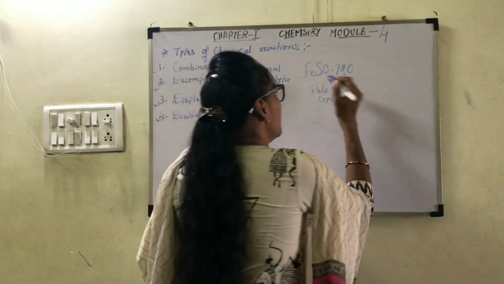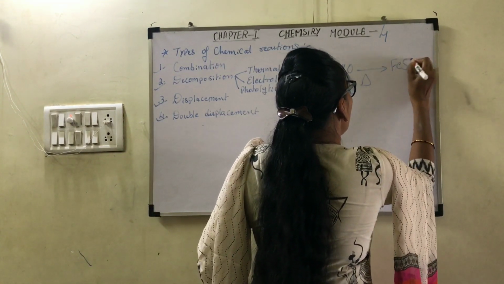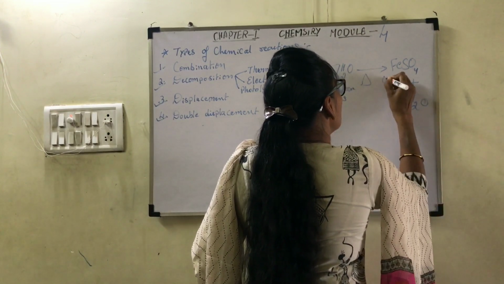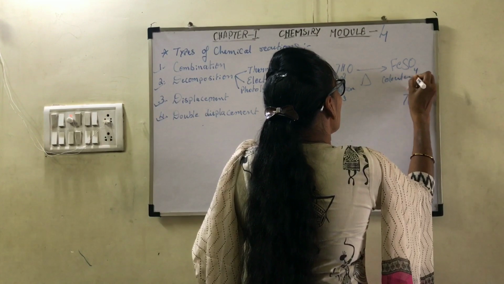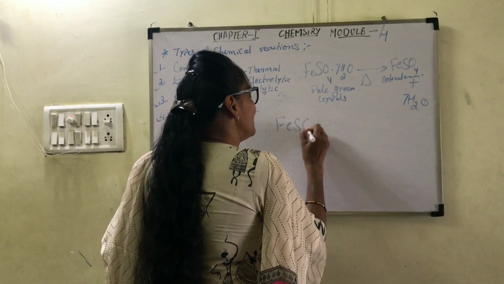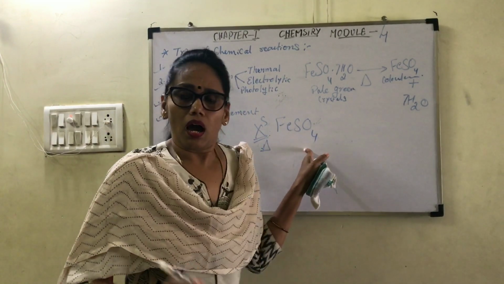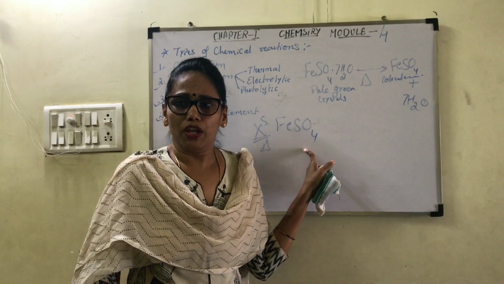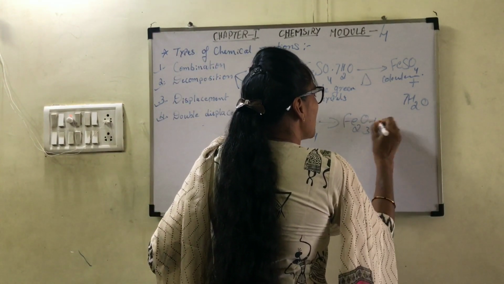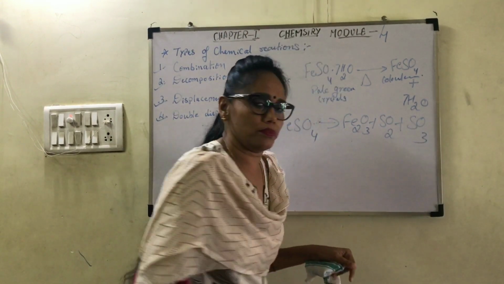So, I can say that when you heat it, this reaction will decompose into FeSO4 plus 7H2O, and this is colorless. Now, this FeSO4, if you heat it in excess, so this is excess heating, again it decomposes into ferric oxide, Fe2O3, plus SO2 plus SO3, sulfur dioxide and sulfur trioxide.